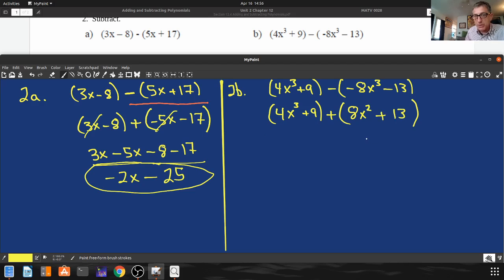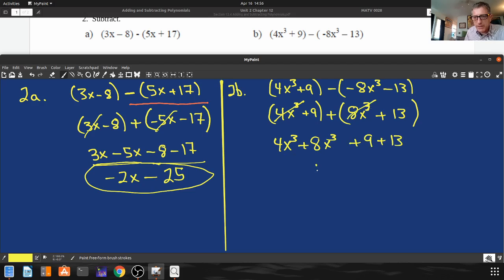Now I'm ready to add. Now that's supposed to be a cubed. So now I'm ready to add. So starting with my degree 3 term, and then my constant terms.